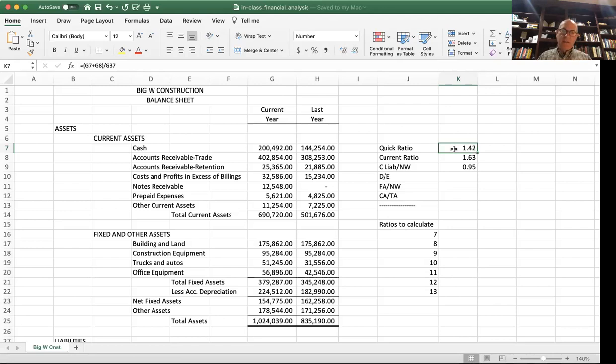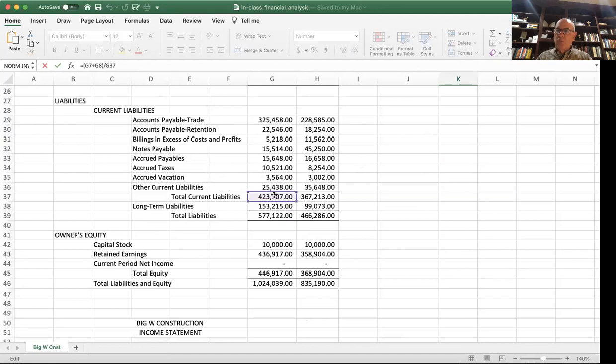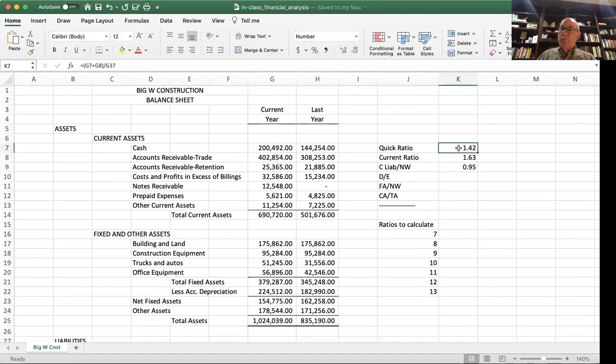So it's the cash plus short-term investments, of which there are none here, plus the receivables. So you see cash plus accounts receivable, and we don't include the retention here. You can include it, you can not include it. Generally, it's not included. And then it's divided by the current liabilities. To get the denominator, we have to scroll down to total current liabilities here. We form that ratio, and it's 1.42. I believe we did that a week ago.